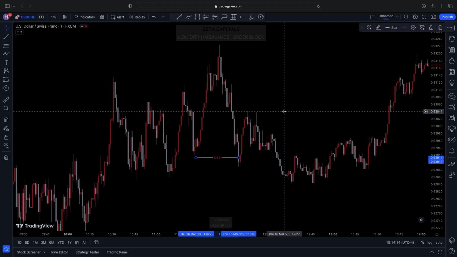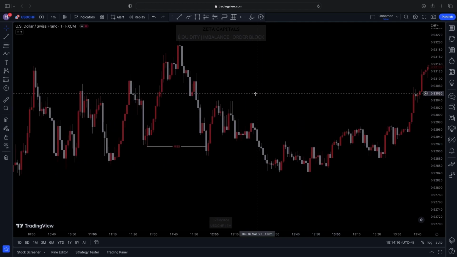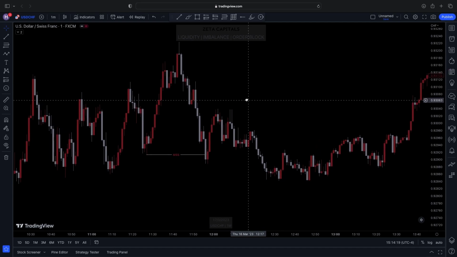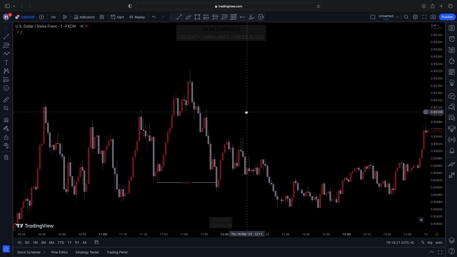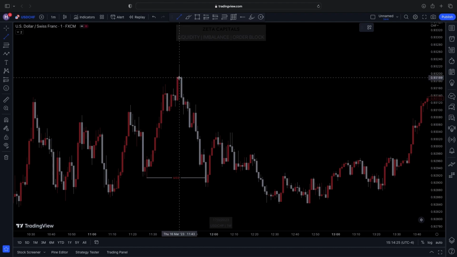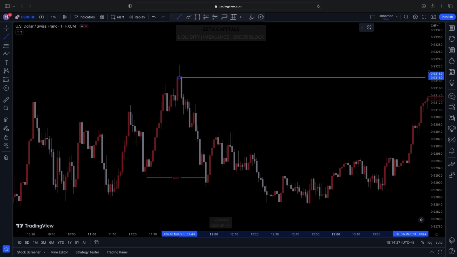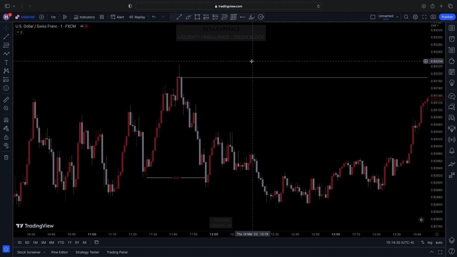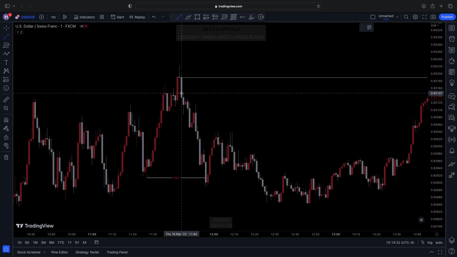Okay, so now after the market structure shift, we are probably waiting for that extreme FVG. Okay, so can you see this? This is a fair value gap exactly here, and here.